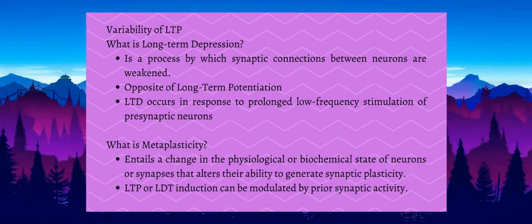Because of this, a cellular cascade occurs that causes the removal of the AMPA receptors, and as a result, this reduces the number of glutamate receptors on the postsynaptic neuron, which weakens the synapse, and that results in long-term depression, or the communication between neurons becoming weakened.